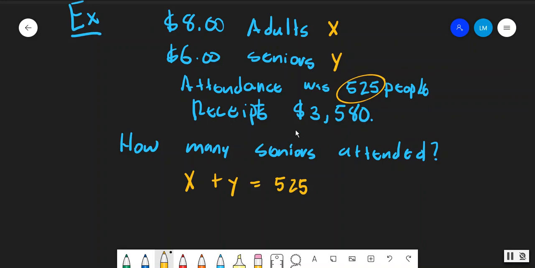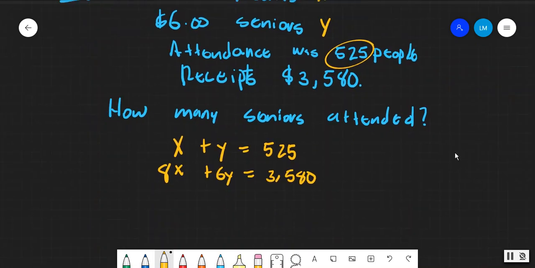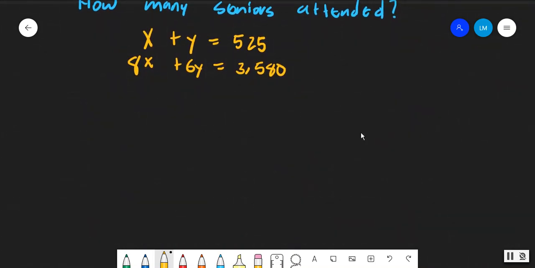And then for the receipts, if 2 adults attended, then that's $16. If 1 senior attended, that's $6. So the cost is 8x plus 6y equal to 3,580.